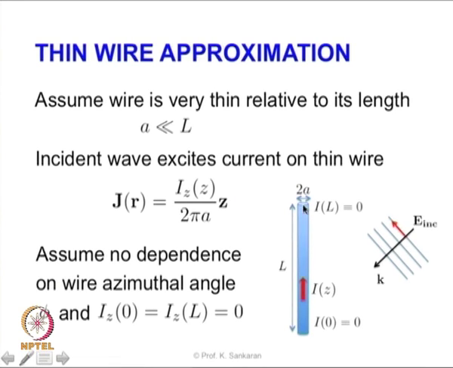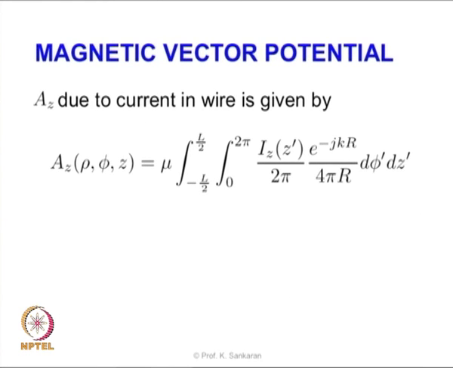So when we assume these two things, what we get is the Az due to the current in the wire, given by the expression Az, a function of rho, phi and z as usual, is equal to mu times the integration going from minus L by 2 to plus L by 2, and the integration on the surface angle from 0 to 2 pi, with the current density vector and the Green's function, and then we are integrating on those two integral quantities.